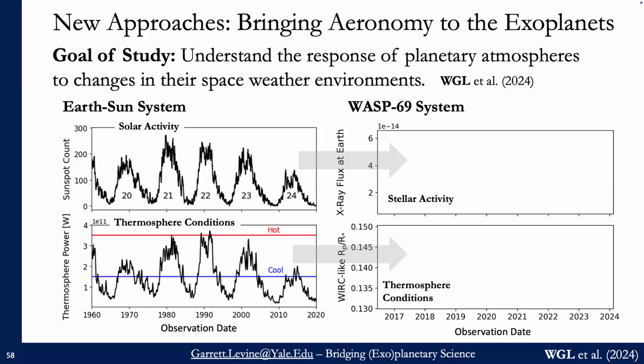I'm plotting them against each other in this paired timeline. We can see that as solar activity picks up, as the sunspot count and solar XUV activity increase, Earth's thermosphere expands and heats up. This process is very well known in aeronomy, and it has helped us learn a lot about the energetics of Earth's upper atmosphere.